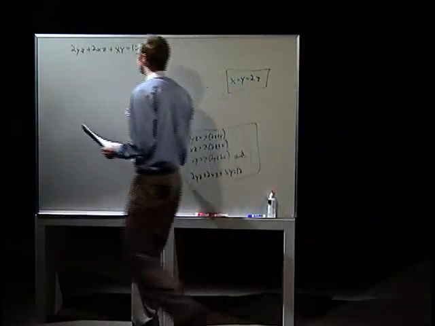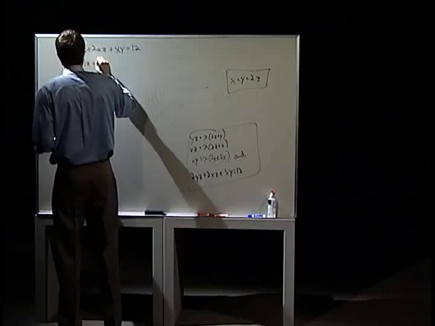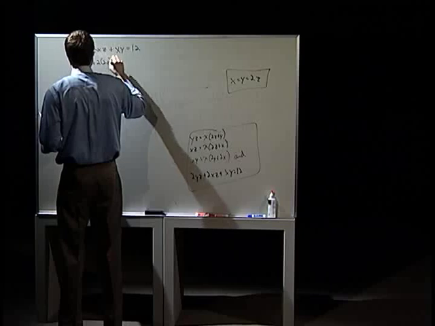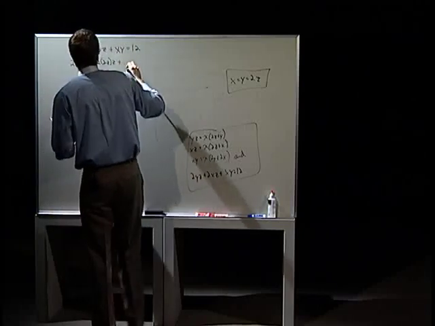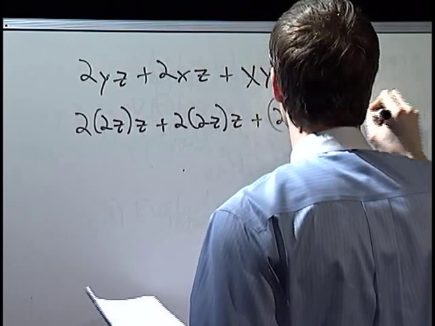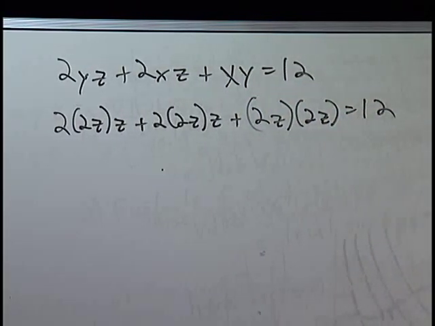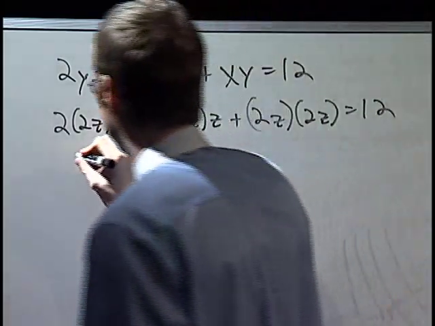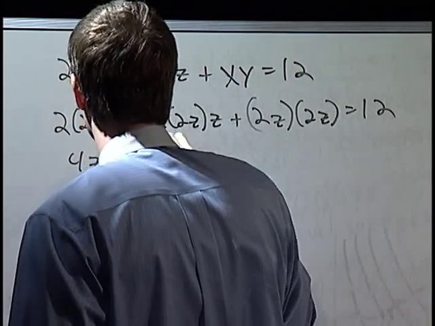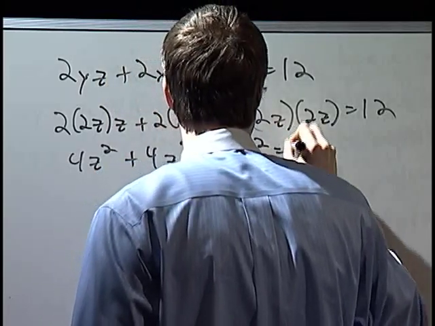So we have 2 times 2z times z plus 2 times 2z times z plus 2z times 2z equals 12. I'm just plugging in 2z for x or y. So what do you get? You get 4z squared plus 4z squared plus 4z squared equals 12.